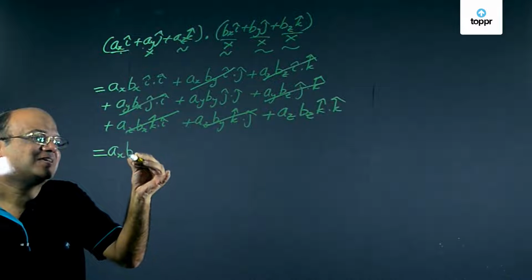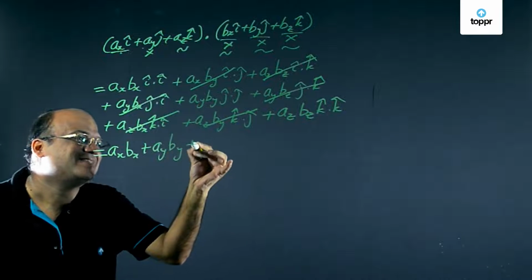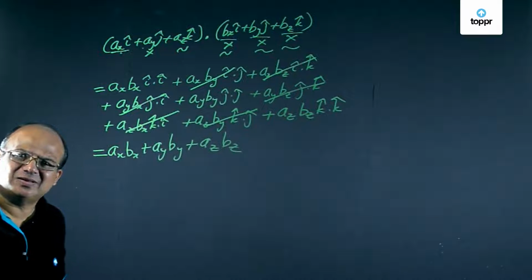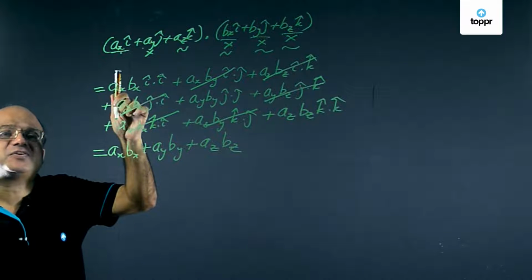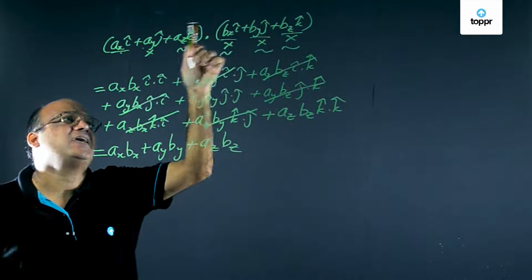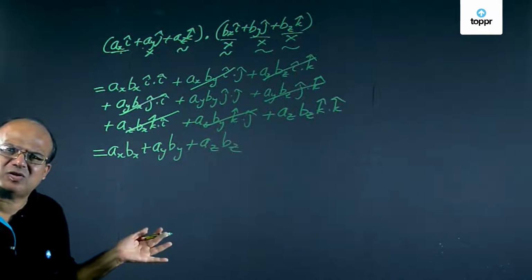So now we get a very simple result: Ax Bx plus Ay By plus Az Bz. Right? Very simple. So whenever we are doing dot product, we just multiply the corresponding coefficients Ax Bx, Ay By, Az Bz and add them up. That's all.